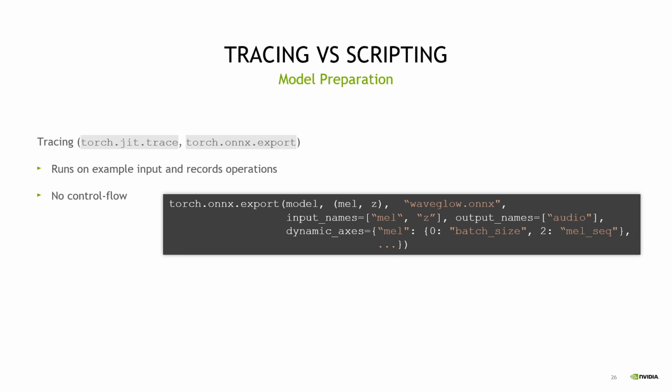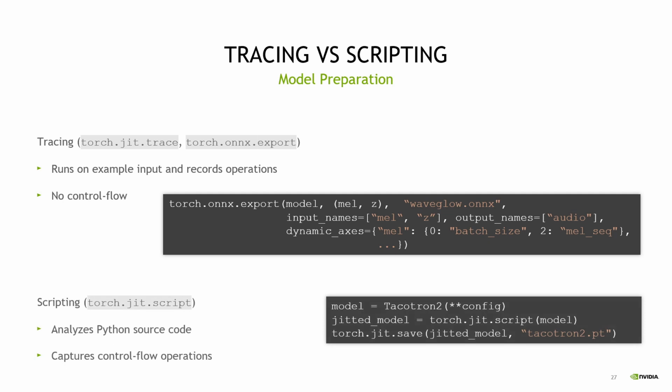These recorded operations will always be used during the inference in the exported model. This means that, for example, if we have some if condition and during the export we use only one branch, then in the exported model only this branch will be executed.